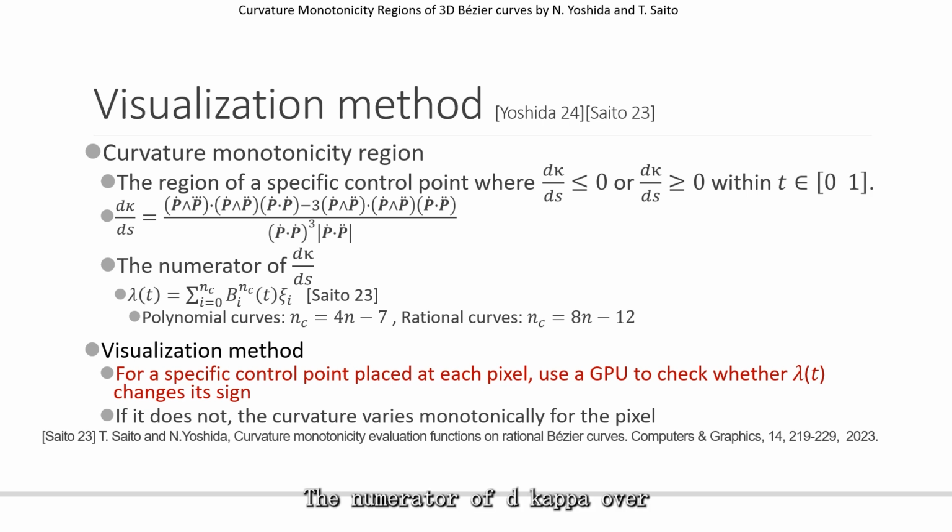The numerator of d kappa over ds can be expressed in Bernstein basis, as described in Saito's Computers and Graphics paper in 2023.